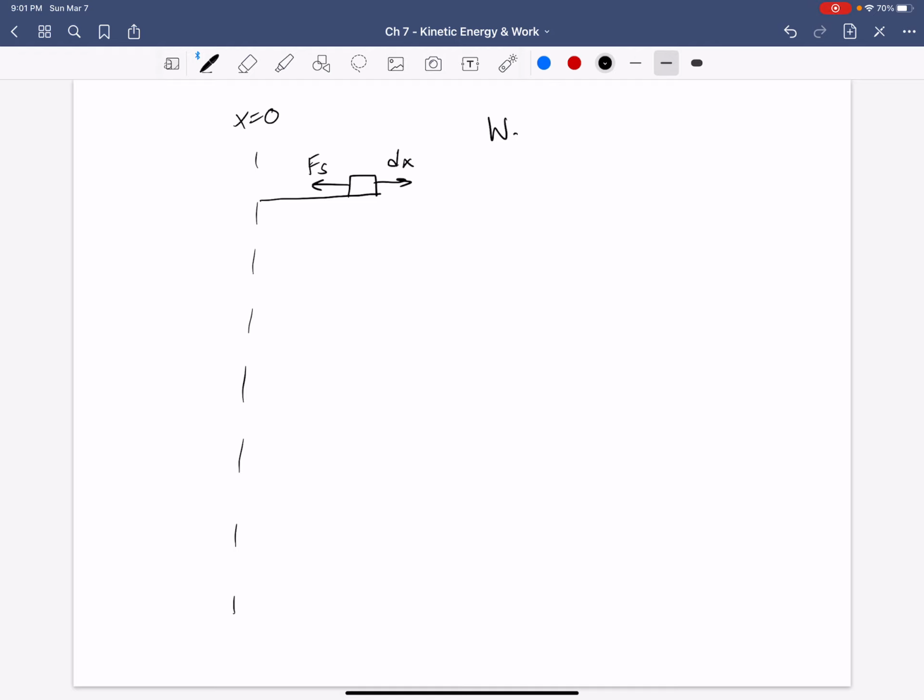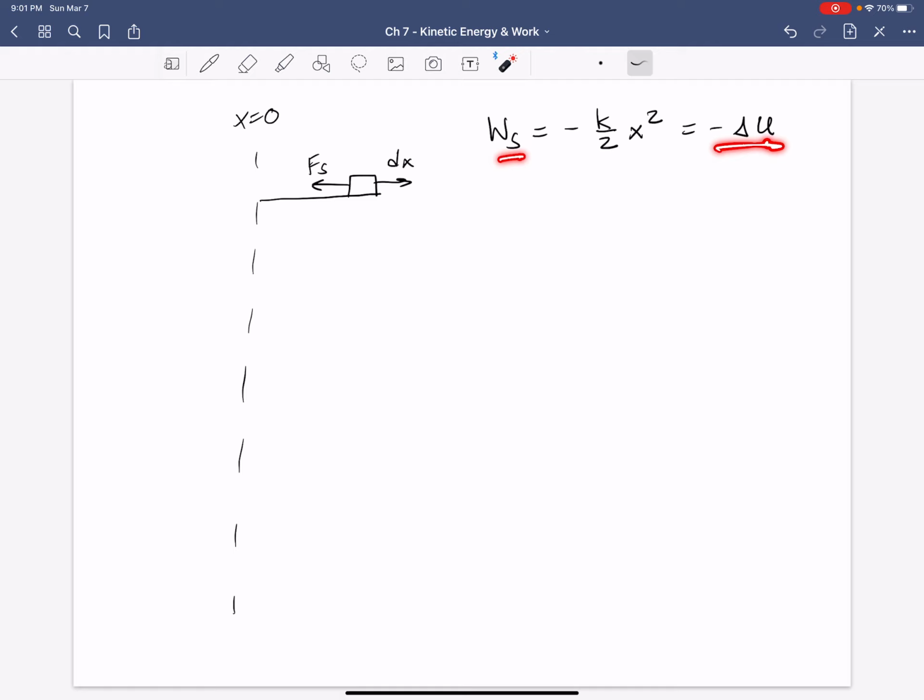So we said the work done by the spring is negative 1/2 kx squared, and that's equal to a negative delta U. Again, that comes from the fact that work is equal to negative change in potential energy.